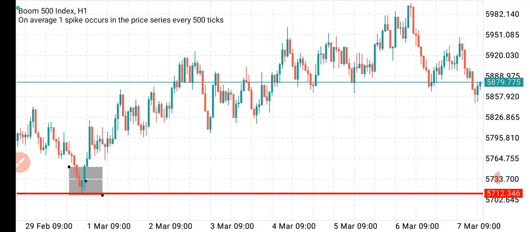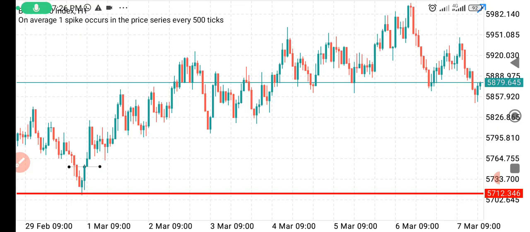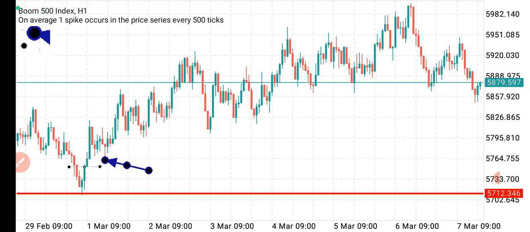And once you have an area of support, you are waiting for a particular type of formation. So in this area of support, you need the market to reject from this point.